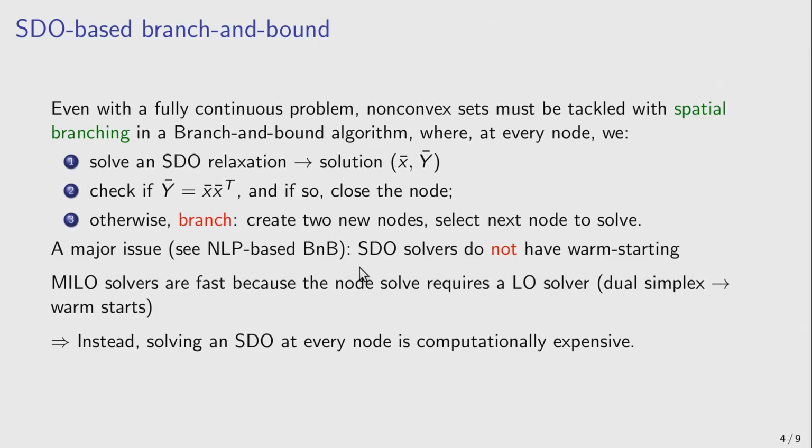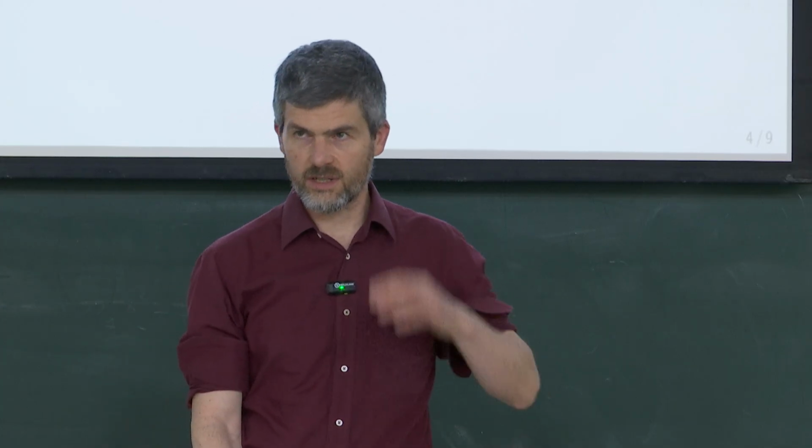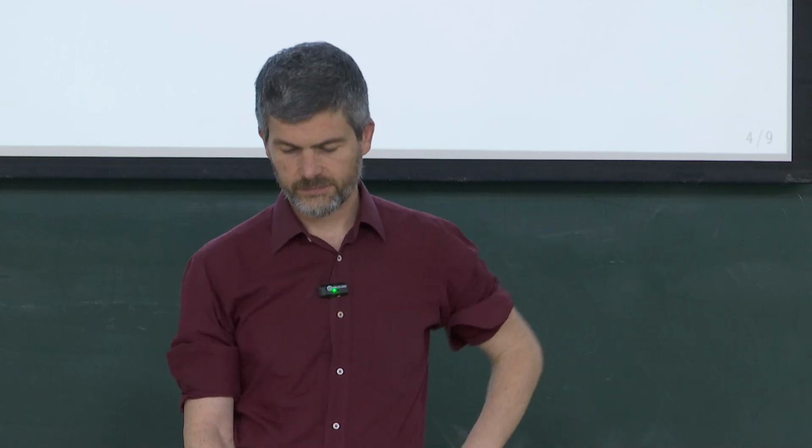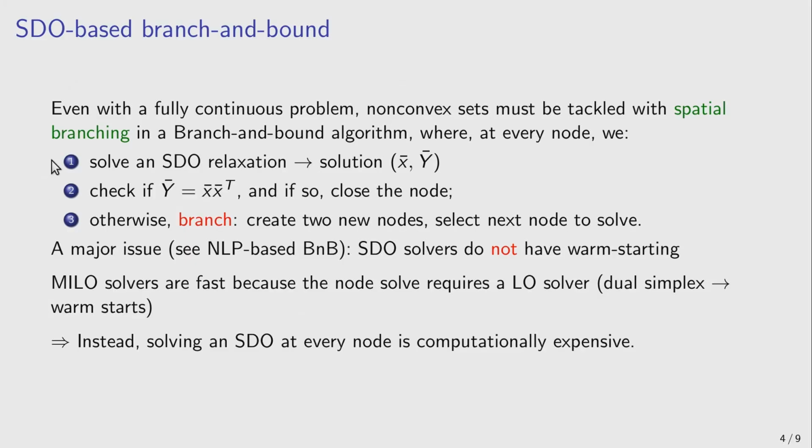This doesn't happen in semi-definite optimization, given that all the algorithms I know that solve semi-definite optimization problems are interior point algorithms, which means that they need to start from scratch every time. This is a huge computational burden. Having a mixed integer SDP solver is going to solve a few problems, but not very large.